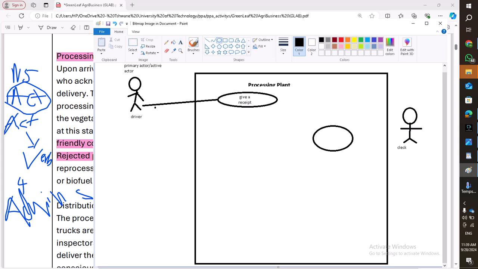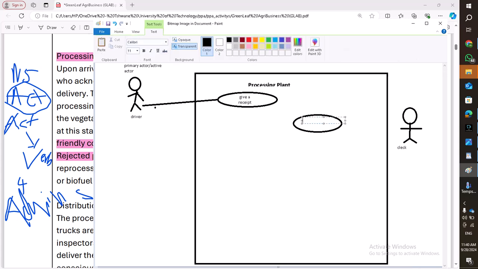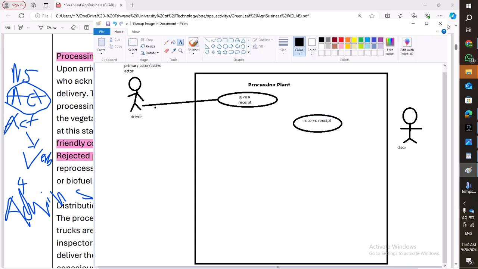After the driver delivers the vegetable, the clerk will receive the receipts.